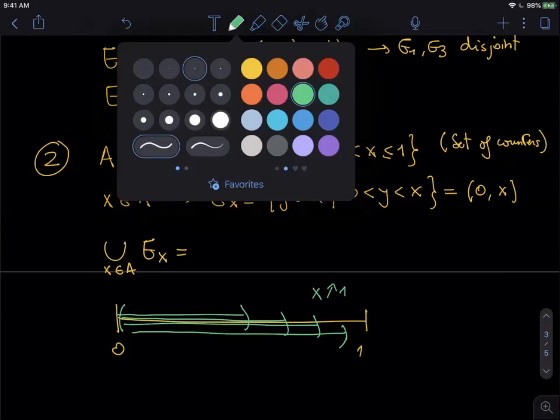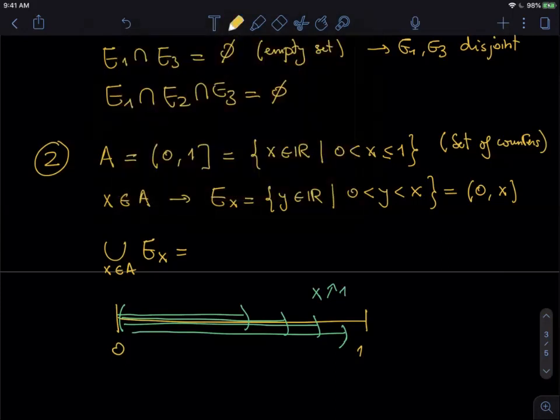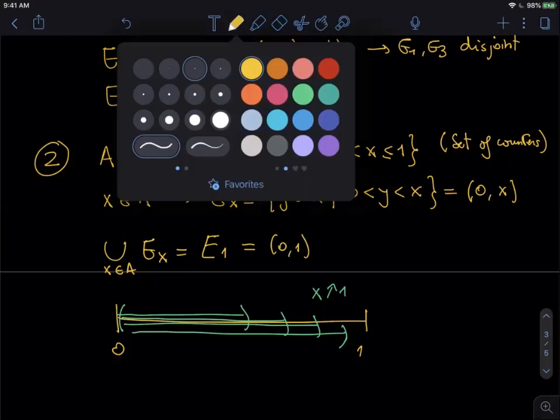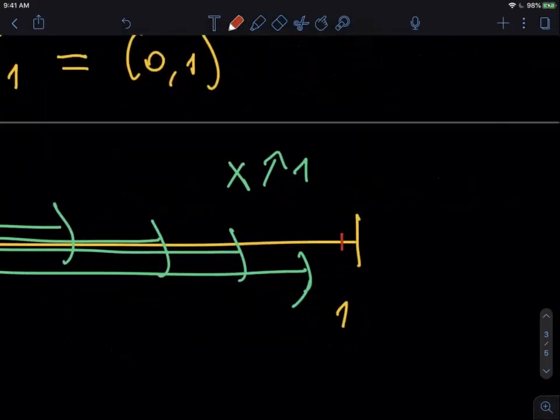So when we take the whole union, the whole union is going to be the open interval (0, 1). Why? Just pick any number, whatever you want here.